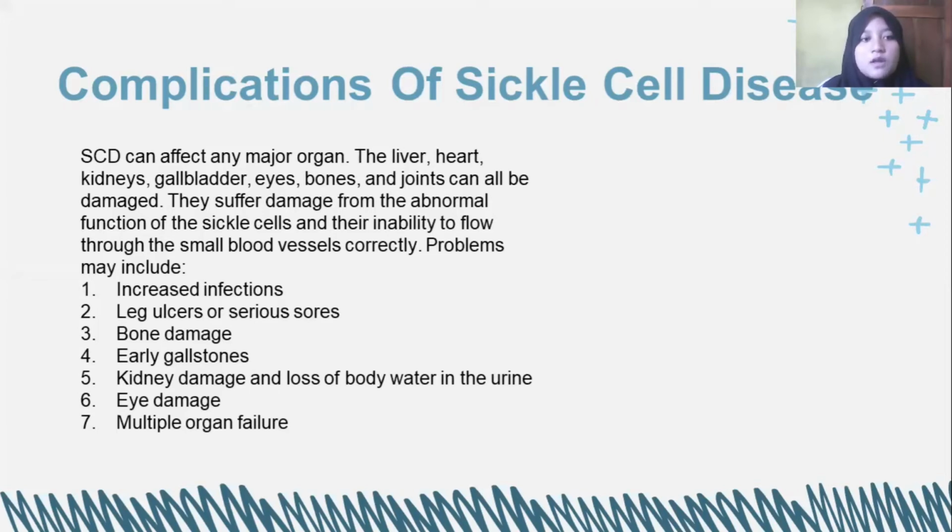Problems may include: 1. Increased infection, 2. Episodes of serious pain, 3. Bone damage, 4. Early gallstones, 5. Kidney damage and loss of body water in the urine, 6. Eye damage, and 7. Multiple organ failure.